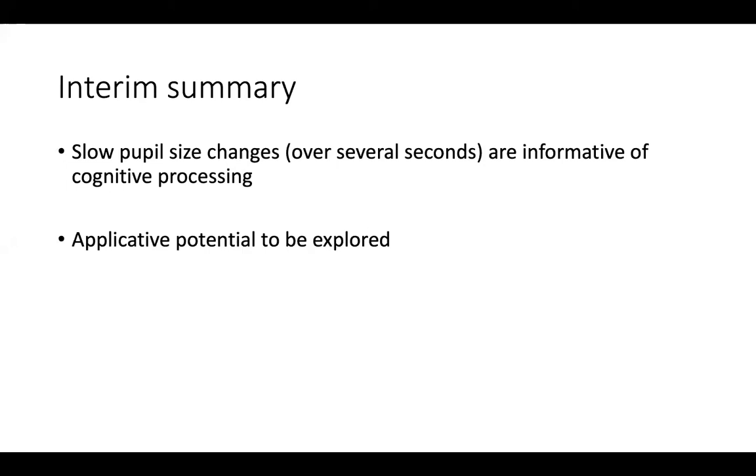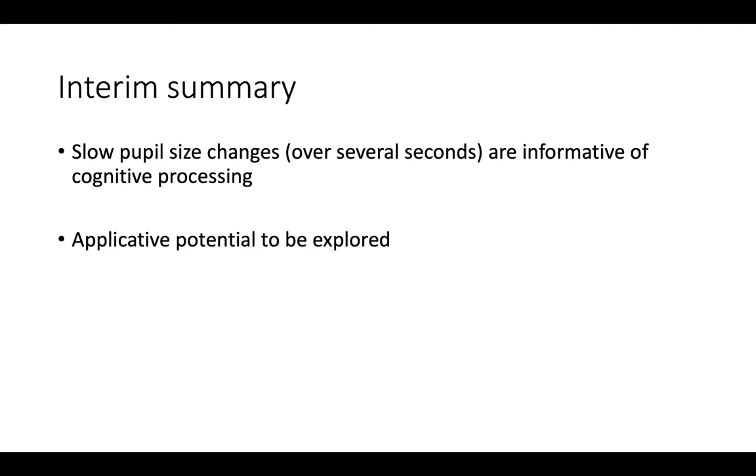Our findings are preliminary in the sense that we know relatively little of the mechanisms generating the pupil modulations that we find. They are also preliminary in the sense that I think there is a great applicative potential to be explored, but we haven't even started exploring this, basically because we lack the competencies for doing it.